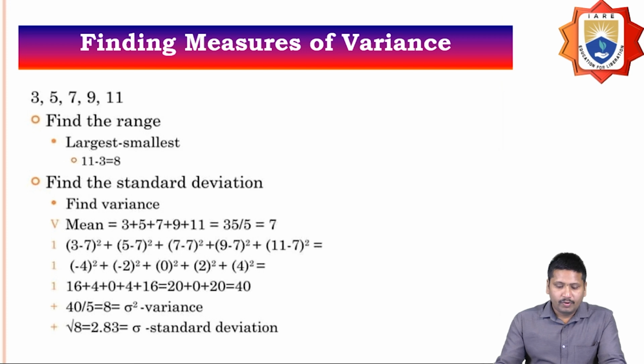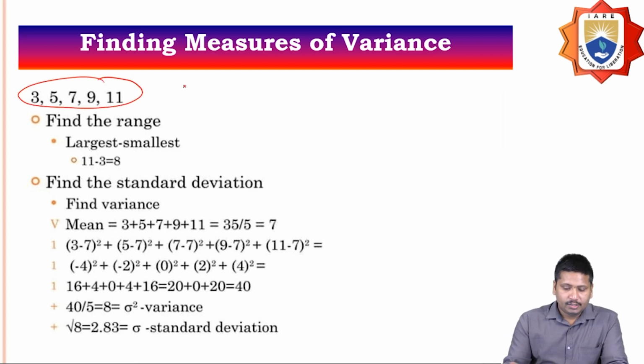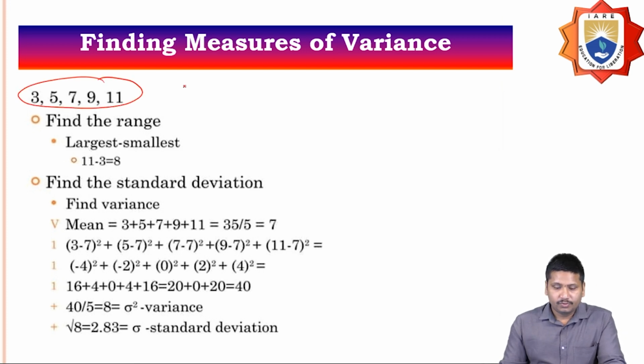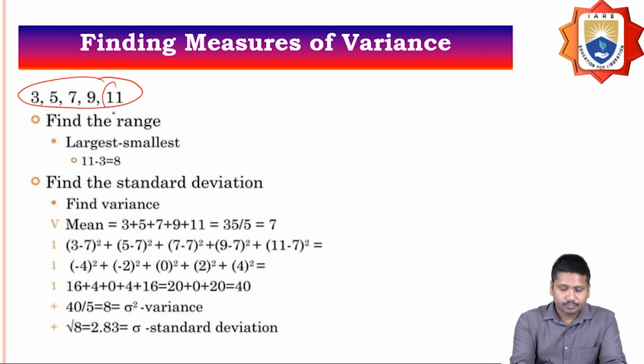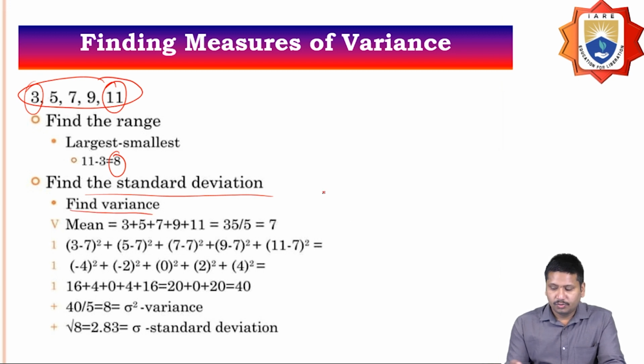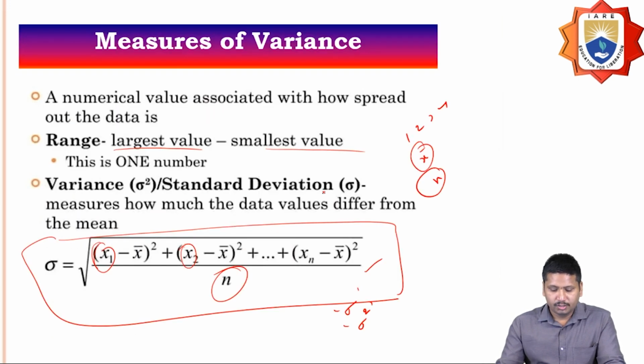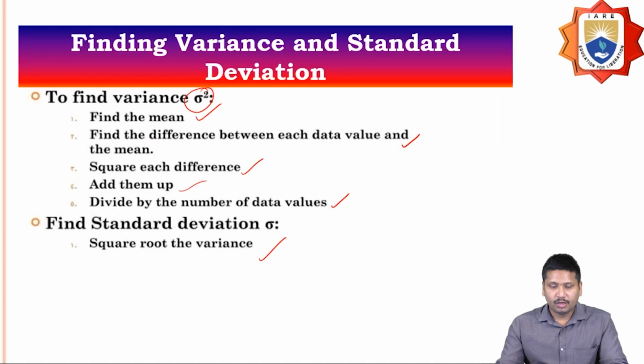Suppose initially you have values like 3, 5, 7, 9 and 11. For that, first find the range, that means the largest value minus the smallest value. For finding the standard deviation, first find the variance. I already told you how the standard deviation and variance work, so based on this equation, how do we find it?